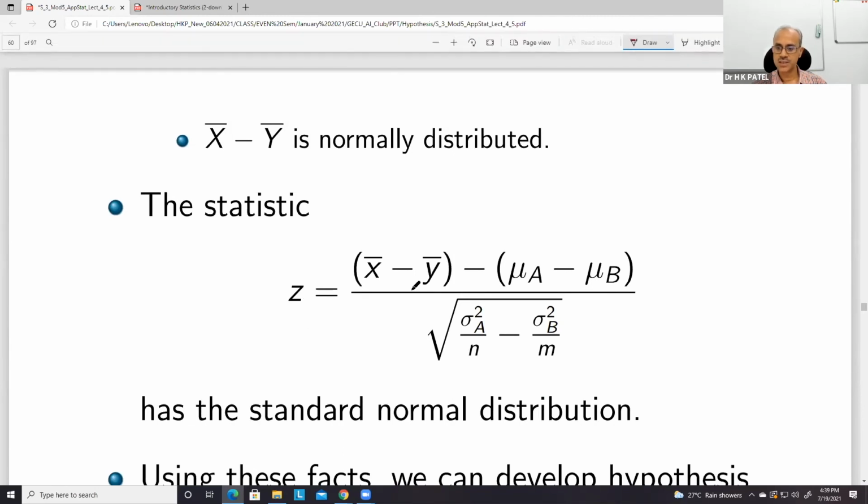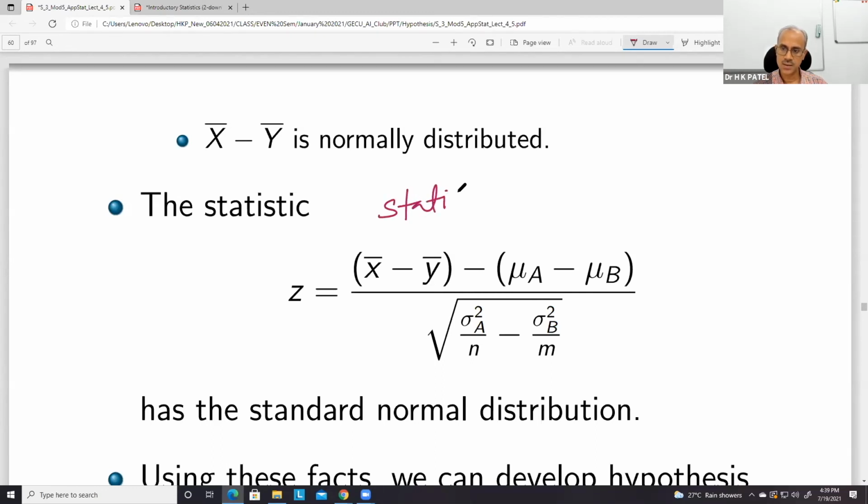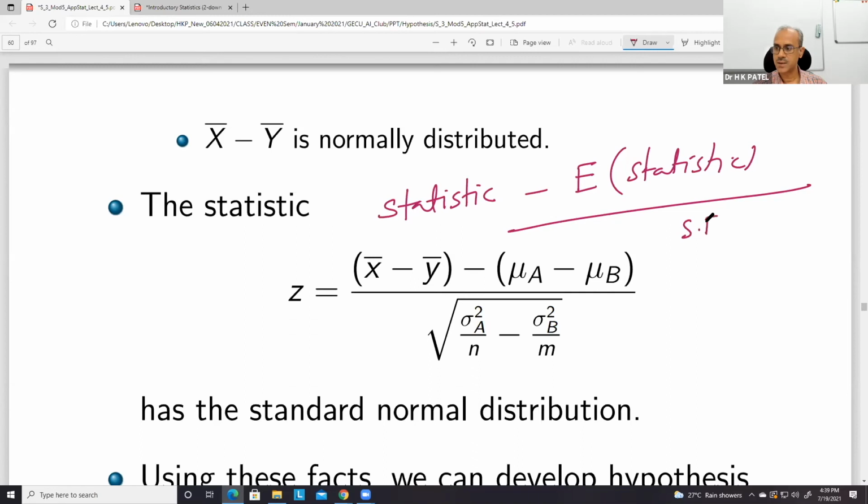So the Z statistic is the statistic minus its expected value, and the denominator is the standard error of the statistic. Then this Z has a standard normal distribution.